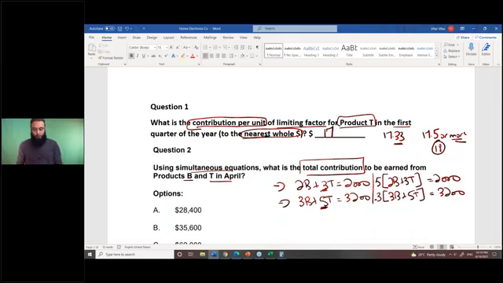So let's solve this further. Equation 1: 10b plus 15t is equal to 5 twos are 10,000, right? Second: negative 9b, because I've used the negative sign, minus 15t, negative into 3,200, 9,600.